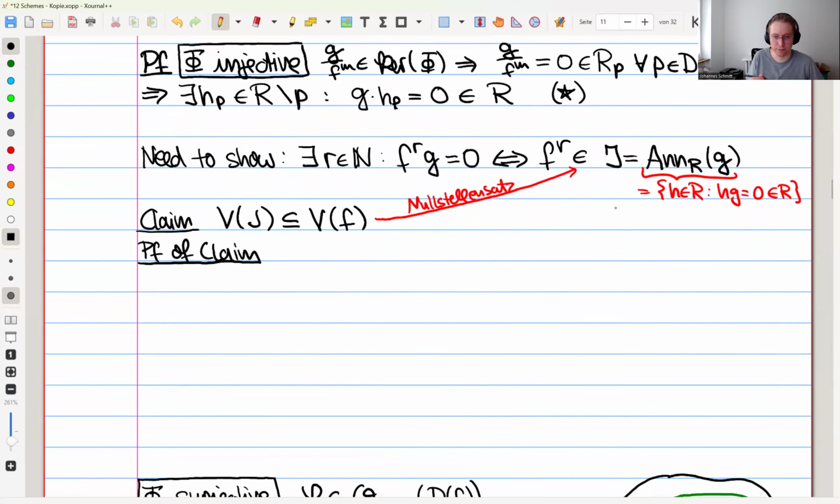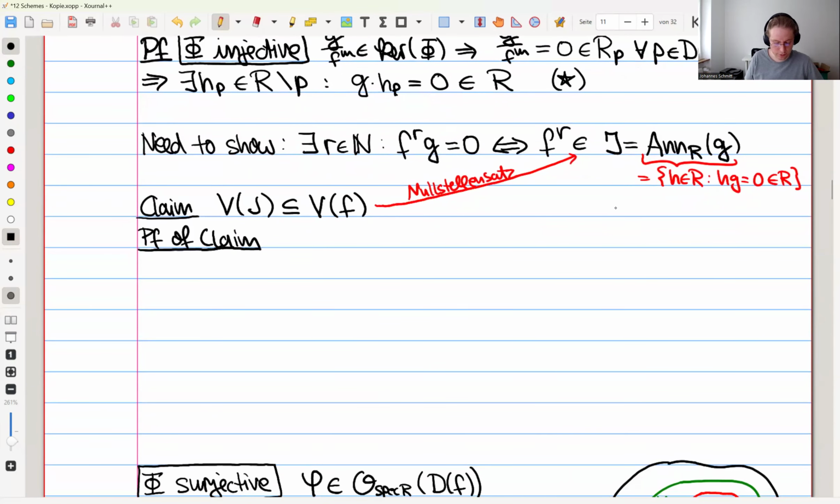And this is basically just some manipulation of the definitions of the vanishing loci and of basic logic.